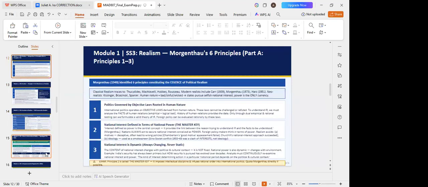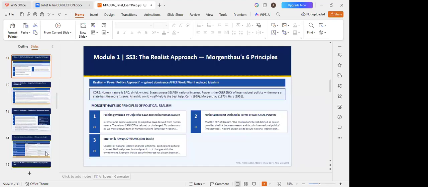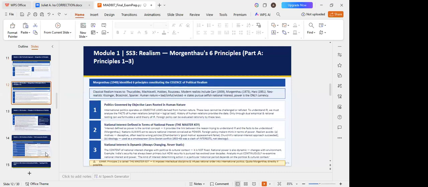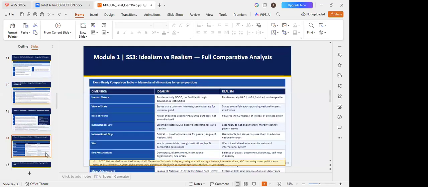One assignment I will give you is to try to know the differences between idealism and realism. This is on my slide, as I'm sharing my slide: compare and contrast the idealist and realist ideology.